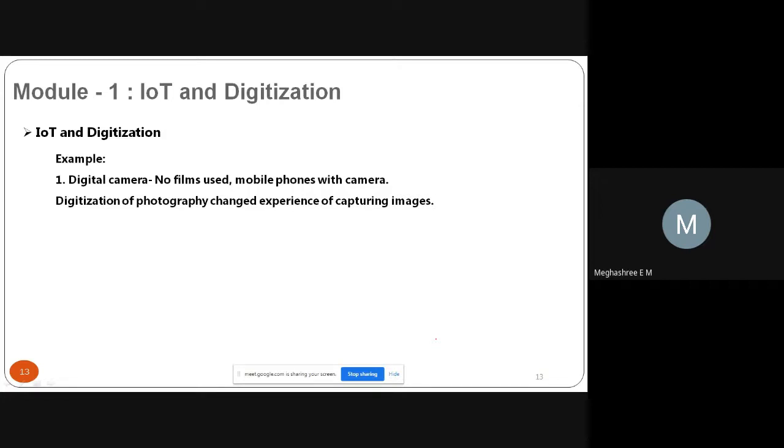We use digital cameras. So everything has been digitized. Instead of using reels, we use digital, I mean mobile phones with cameras, right? And it completely changed photography, digitization, isn't it?